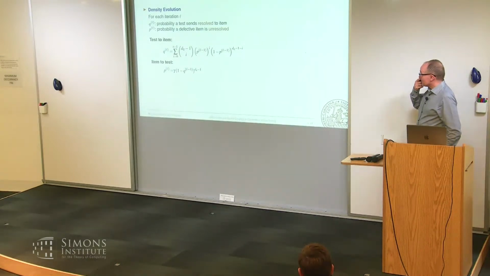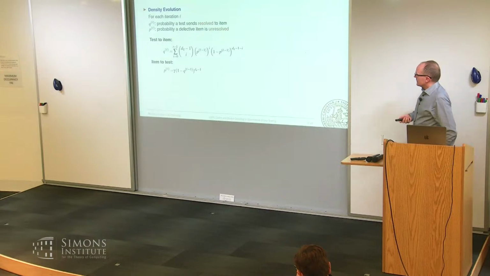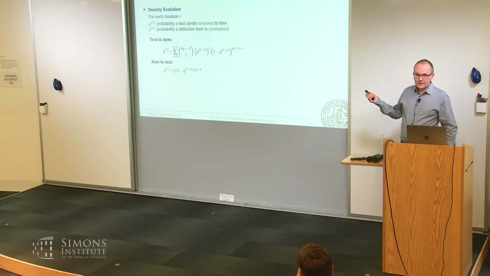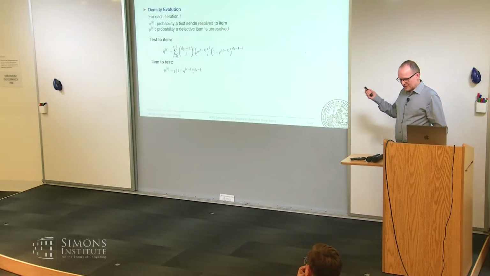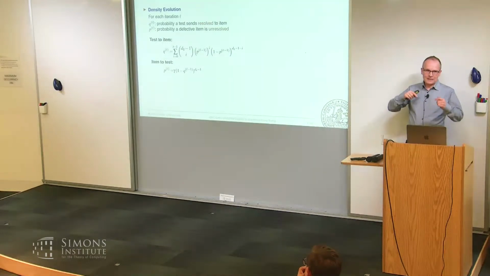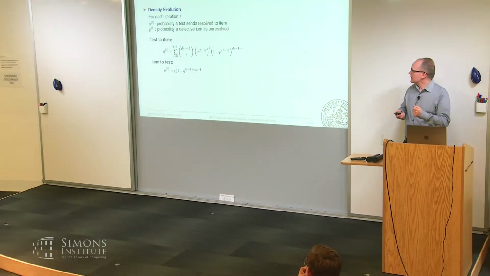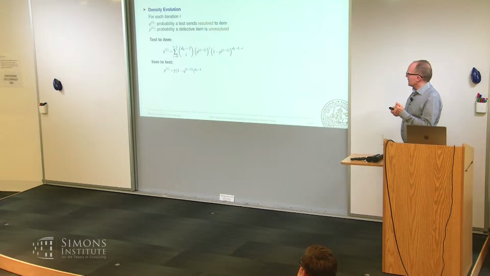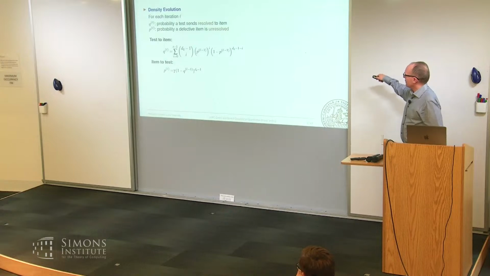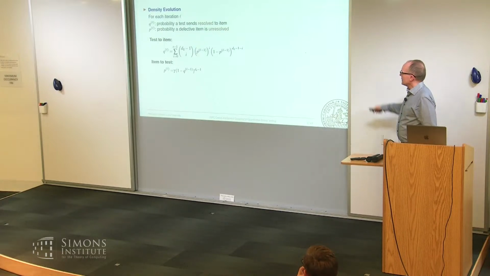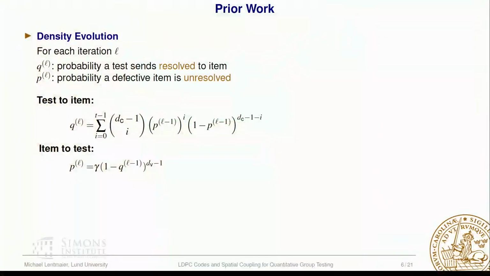But what is specific of all these schemes is that we use this message passing algorithm to do the decoding. And it's all hard decision based on erasures, and we have resolved and unresolved items, and we have test-to-item and item-to-test probabilities that we can compute based on this decoding radius of the subcodes here.